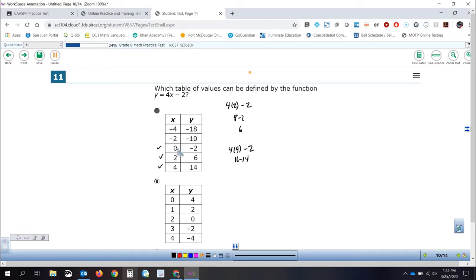So just to let you know, once you find two that work, officially you are done because there is only one line or one equation that can contain two ordered pairs. But it's always a good idea to check three. Now, we've got our answer there.